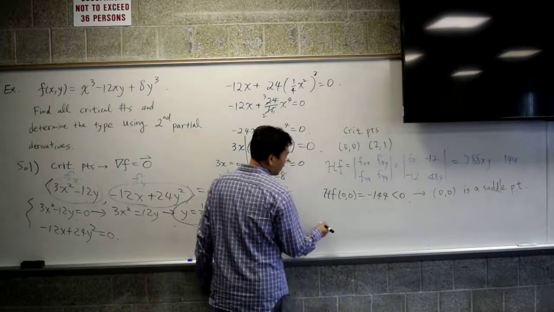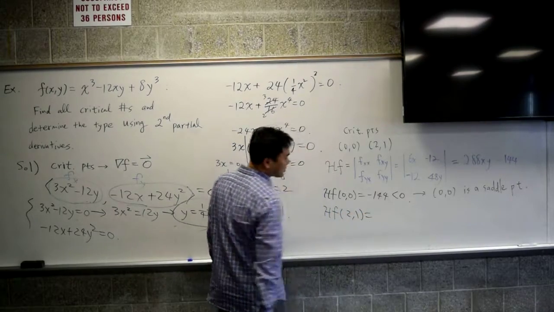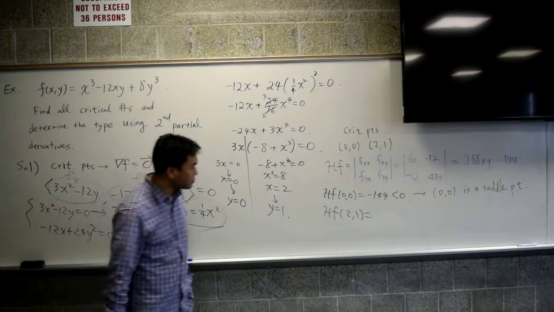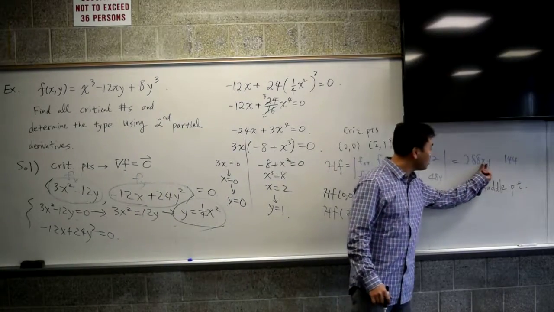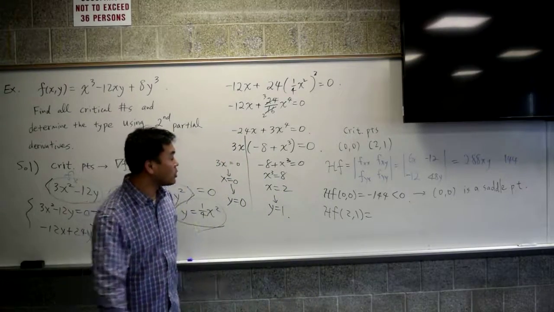Whereas, let's think about the Hessian of f at (2, 1). That means I'm plugging in 2 into x and 1 into y. What's twice 288?